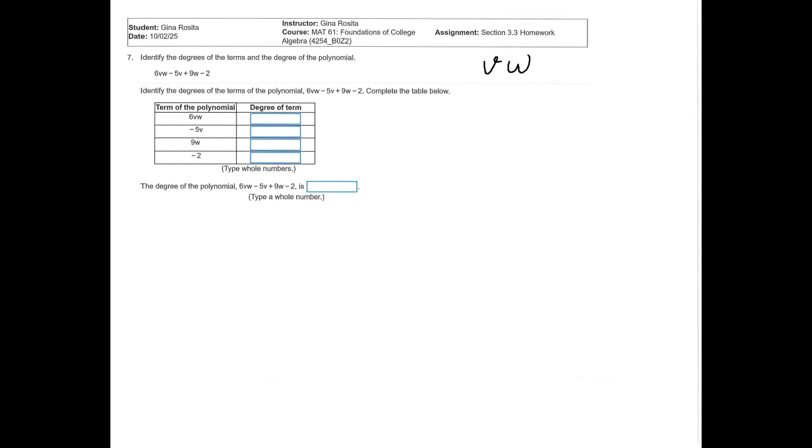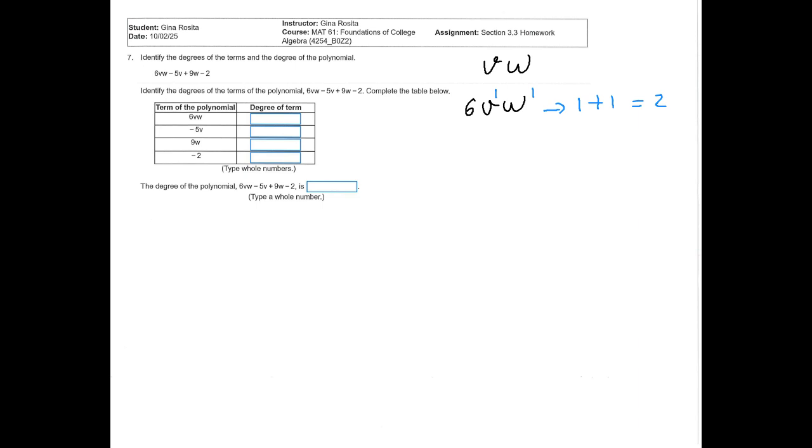Okay, for this one, 6VW, I can put the exponent 1 over here. So the degree for 6VW is 1 plus 1 equals 2. Because more than one variable, you add the exponents.